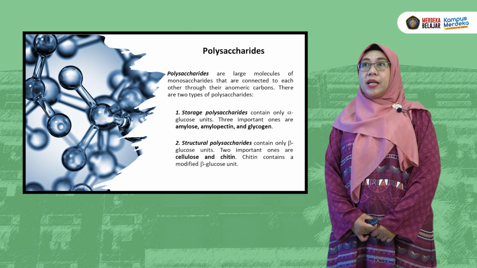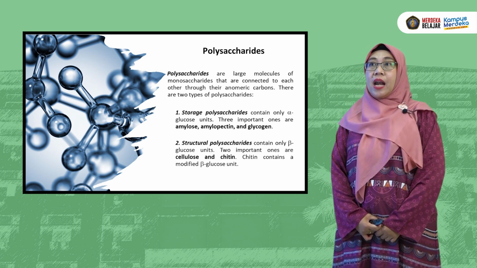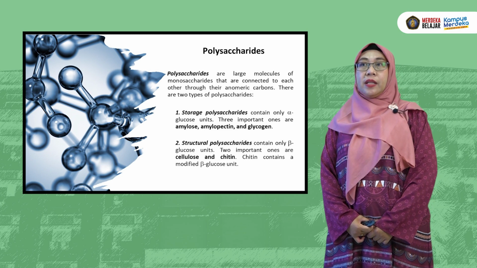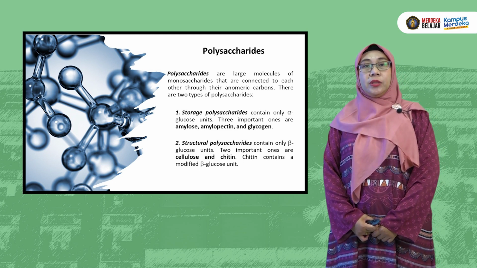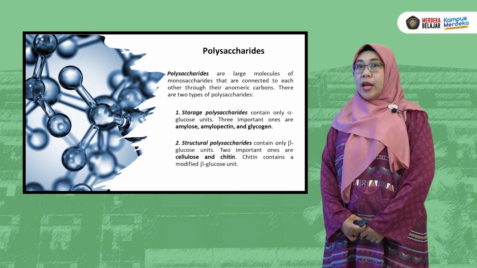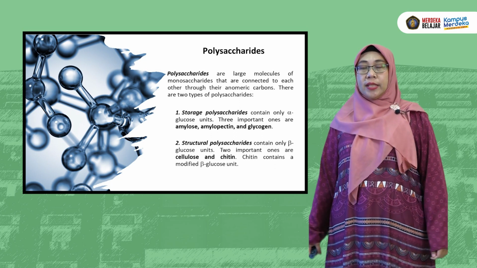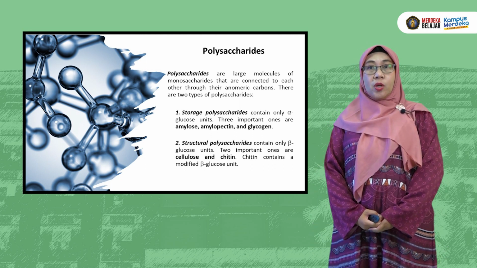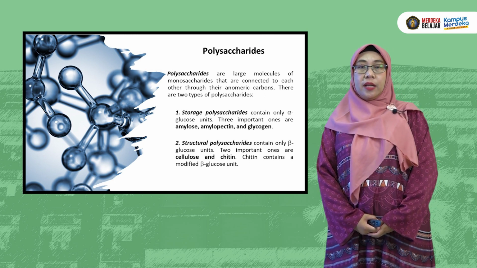Okay, now we are about to discuss polysaccharides. Polysaccharides are large molecules of monosaccharides that are connected to each other through their anomeric carbons. There are two types of polysaccharides. One is storage polysaccharides, which contain only alpha-glucose units. Three important storage polysaccharides are amylose, amylopectin, and glycogen.